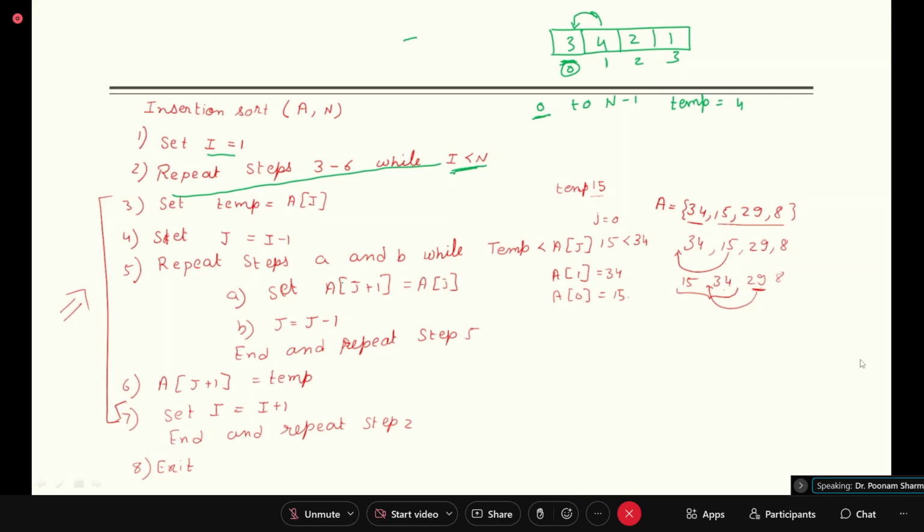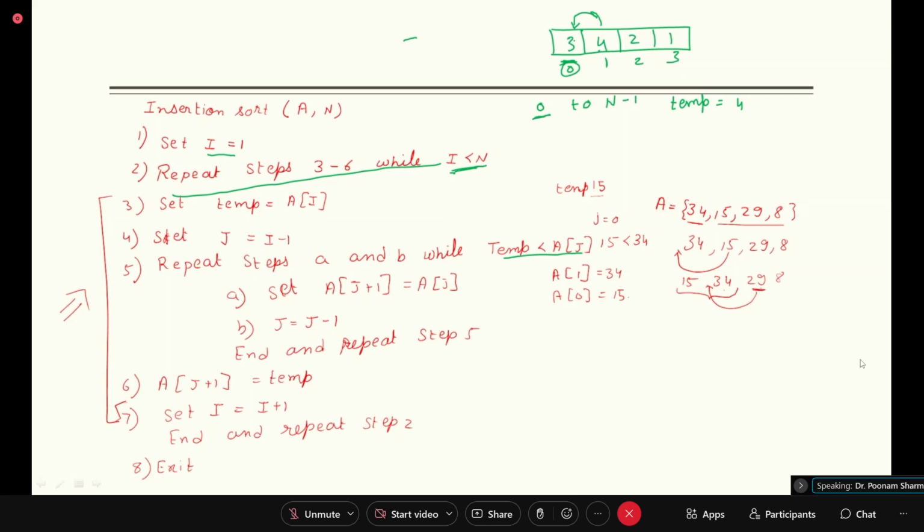Repeat step A and B while temp is less than AJ. What you have to do? If 3 is less than 4, then in that case you have to do this thing. In this case, temp is greater than AJ, so it won't go in this loop.